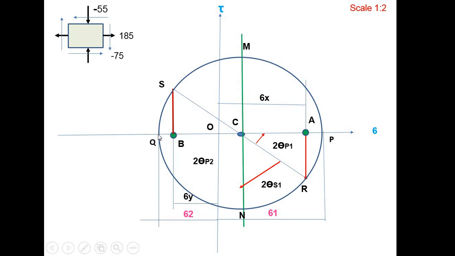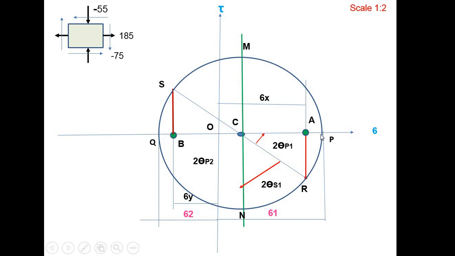Here at point Q, again we get the value of tau equal to 0. So we can say this OQ plane is a minor principal plane. If we compare, this OP is a larger value compared to OQ.